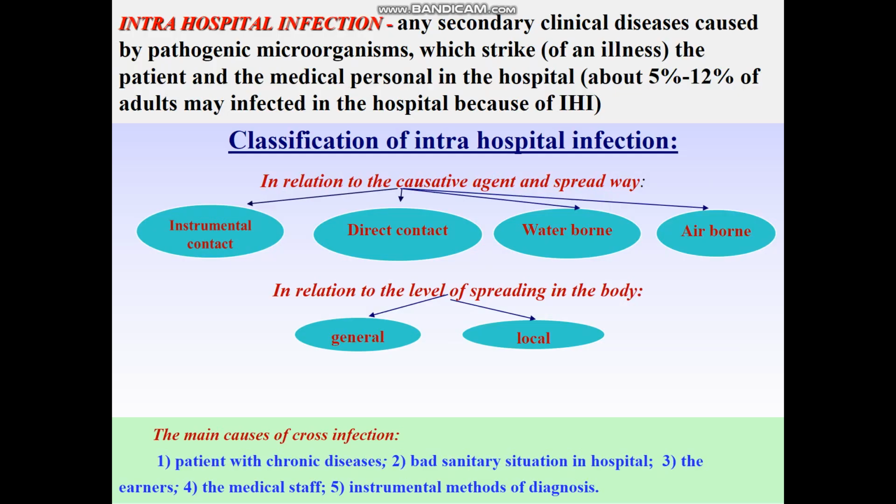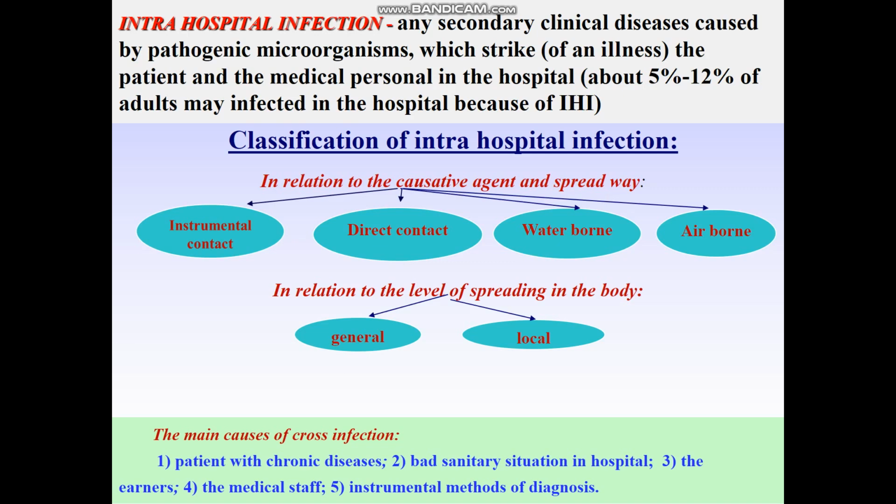Hospital infection. Any clinically distinguished infectious disease which affects the patient as a result of their hospitalization or visit to hospital for the purpose of treatment, or the medical personnel by virtue of their activity, regardless of whether symptoms of this disease are shown or not during the stay in hospital.